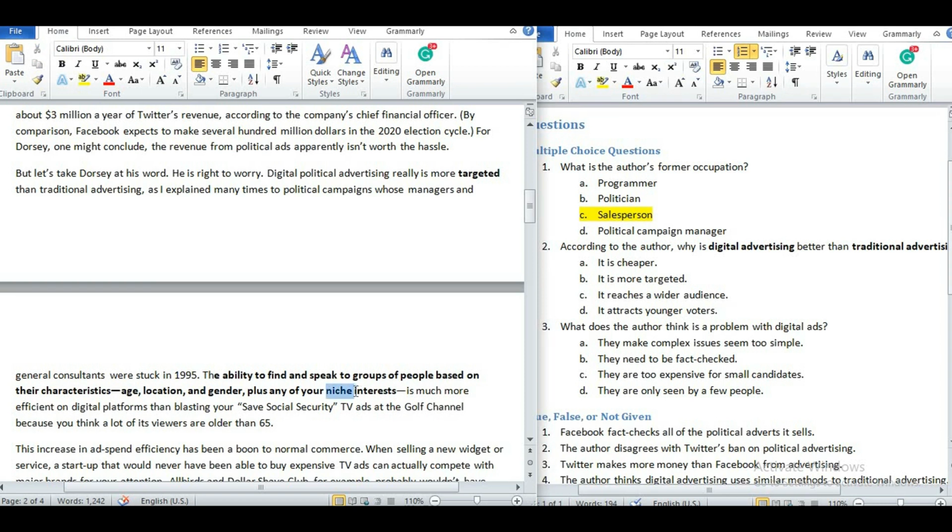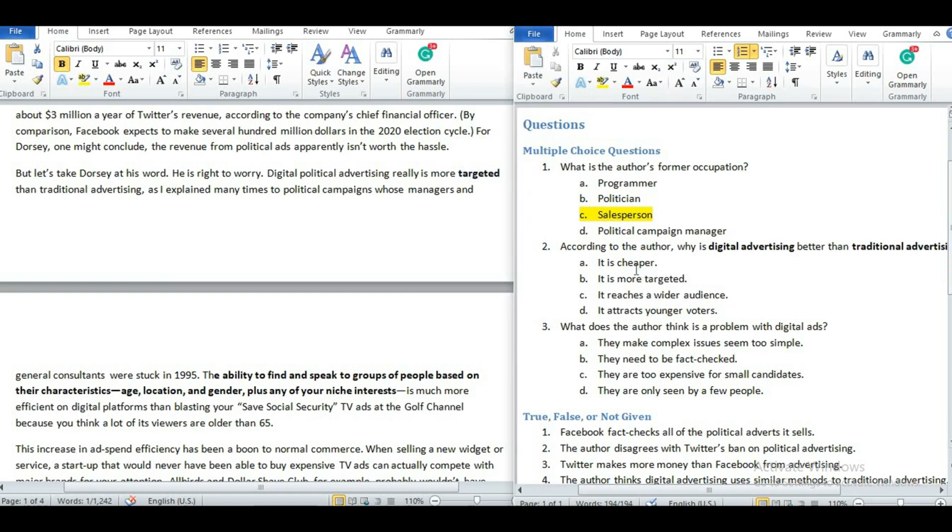Maybe you know or maybe you don't know this word, but niche interests means some really specific thing that people are interested in. Now, you're lucky in this case because the actual word targeted appears, but sometimes if you read a little more closely, the word that appears in the text and in the question is a little misleading. So you have to read around.